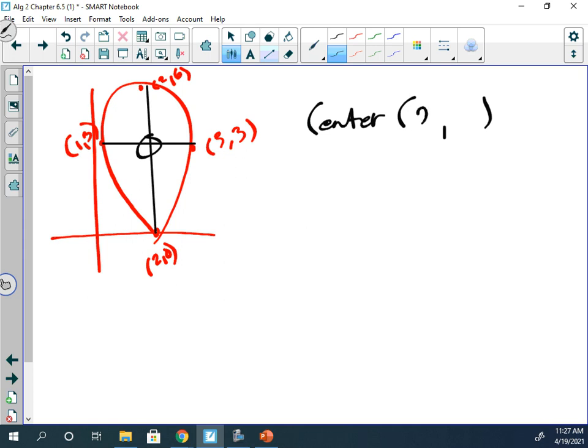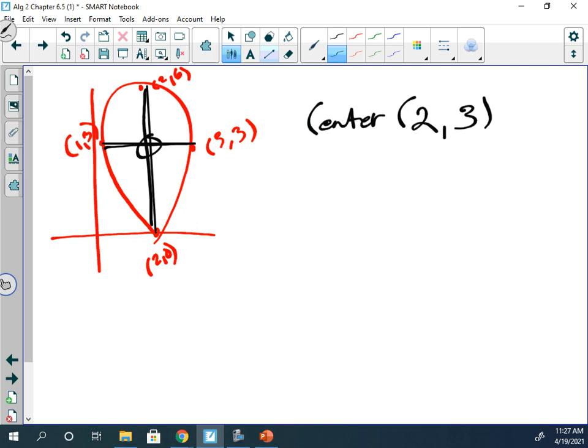So the center's x would be 2. Because these are all x of 2, and the y is 3, so the center has to be at the point 2, 3. Does that make sense?